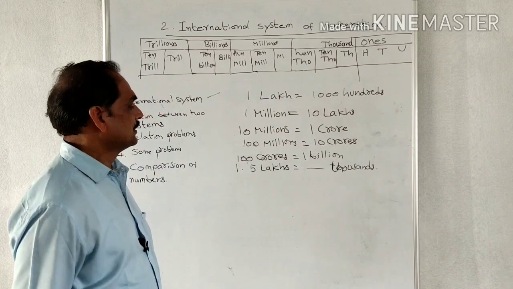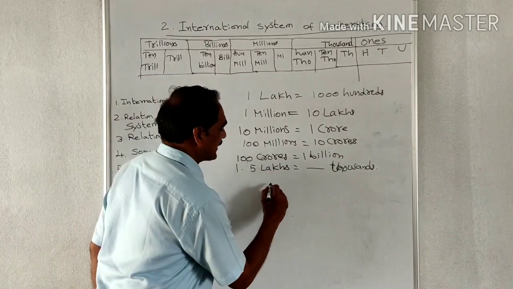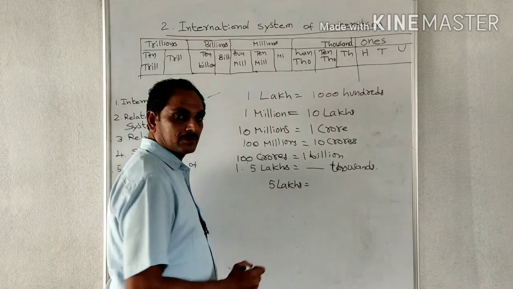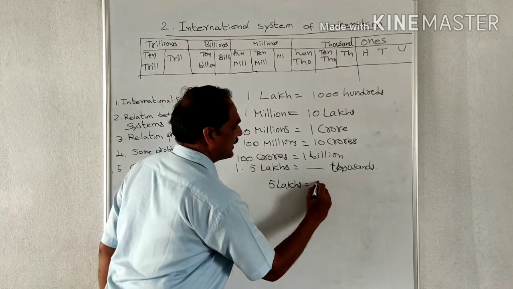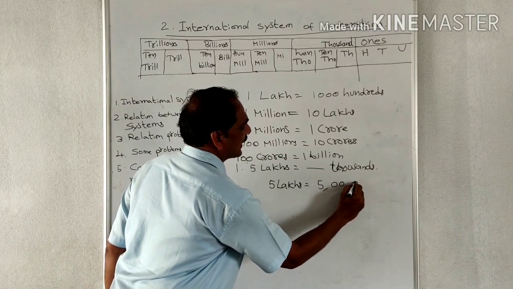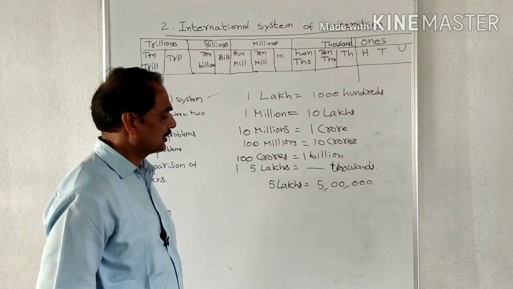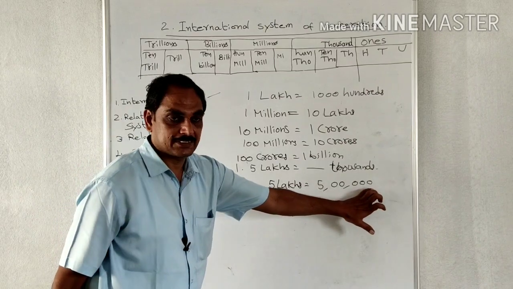First, we write 5 lakhs as 5 followed by 5 zeros, containing 6 digits. So this is 5 lakhs.